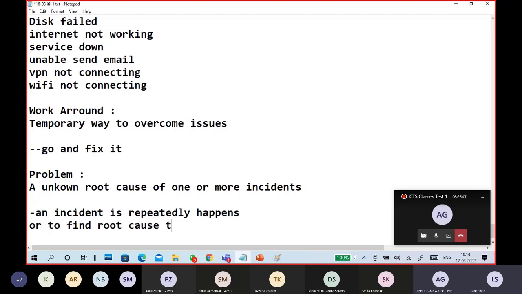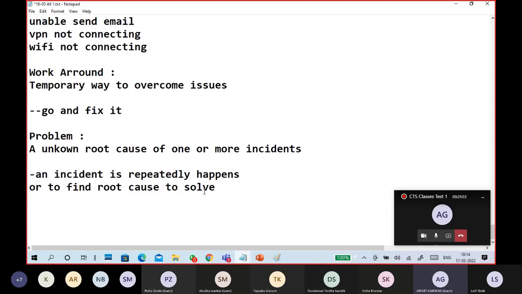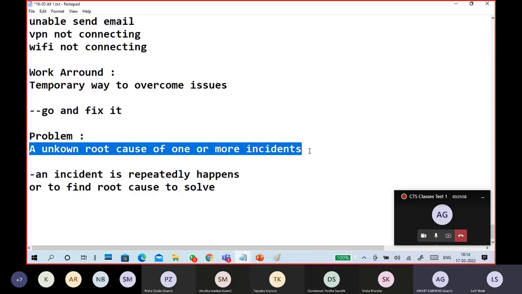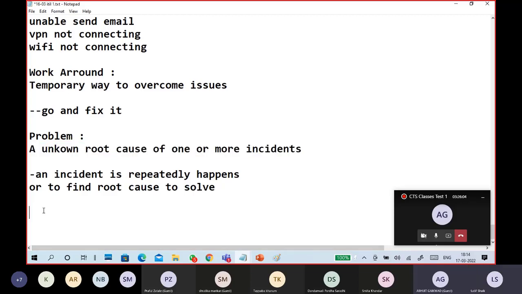Root cause to solve the problem. Okay, guys, look here. Unknown root cause of one or more incidents.